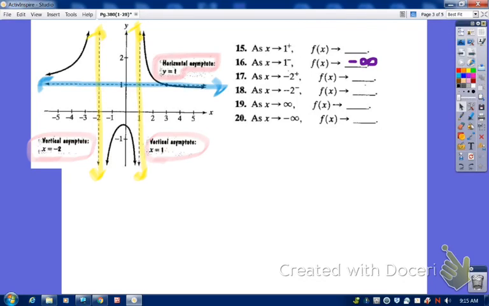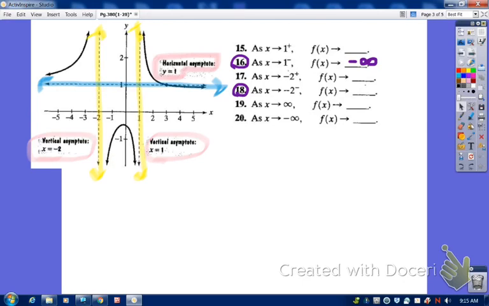So think about that. As the x's approach +1 from the left, f of x is approaching negative infinity. Number 18, as x approaches -2 from the left.